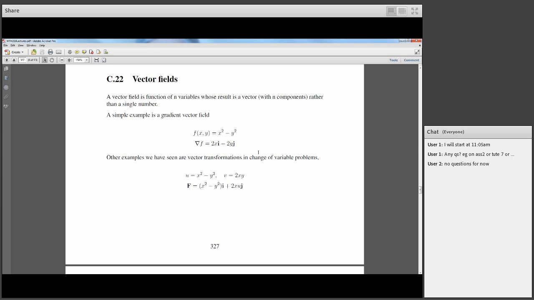Another example we've seen is whenever we did the change of variables problems for multiple integrals, which you may have noticed in assignment 2, for example. So we're really going from a transformation from 2D to 2D, and that can be thought of as being a vector field.